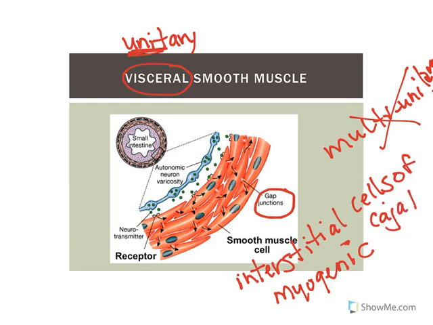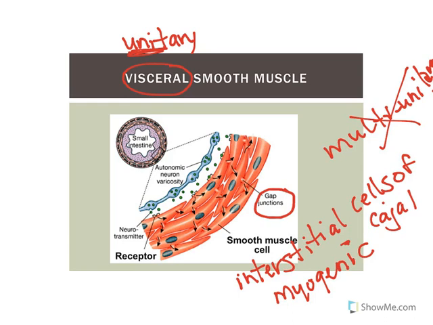These will spontaneously depolarize and then, if it reaches threshold, generate action potentials. So we have that with the visceral smooth muscle. It's myogenic, and it also has those gap junctions.